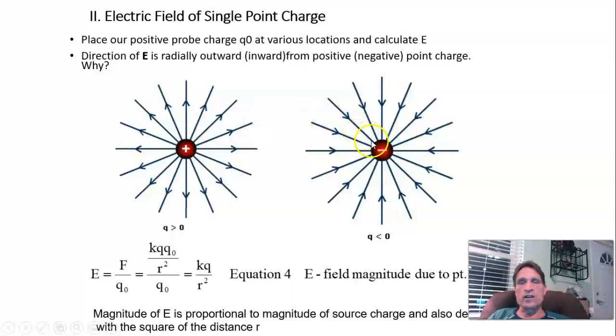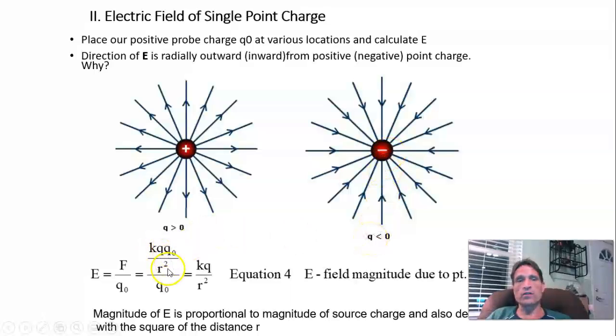Now you go over here and you can have a negative source charge, which will have the same magnitude of the field because it's the same magnitude Q. So when you plug it in, you get E is kQQ0 over R squared, and then divide by Q0. But in this case, the field lines point toward the negative charge.